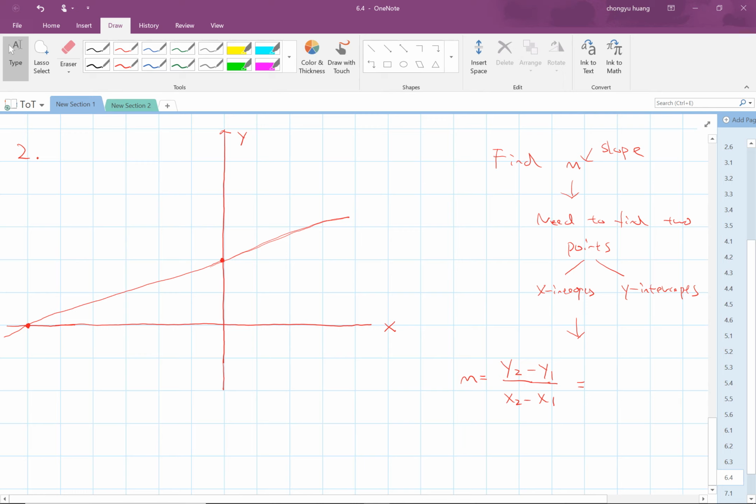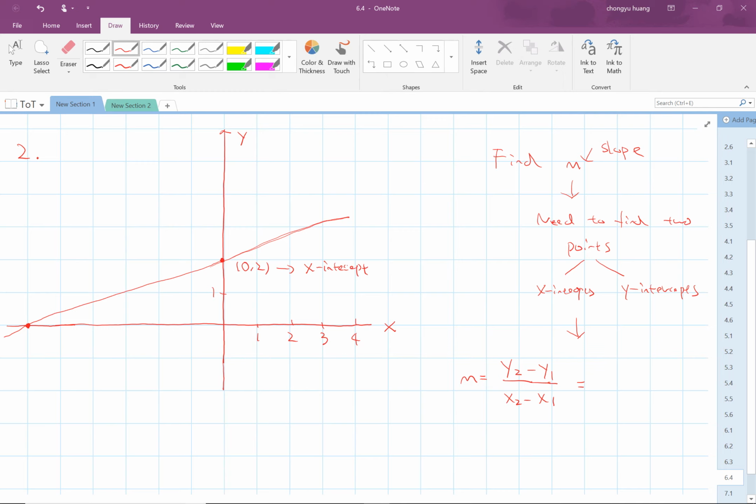So now we focus on the graphic. So first thing is we have to label the graphic in order to find the correct number of the x-intercept and the y-intercept, right? So you can see for the x-intercept, we got 2 as the x-intercept, right?